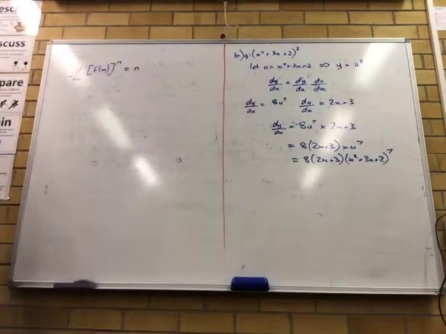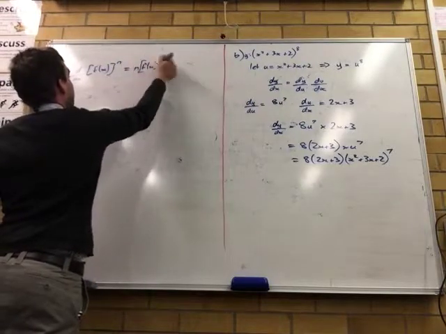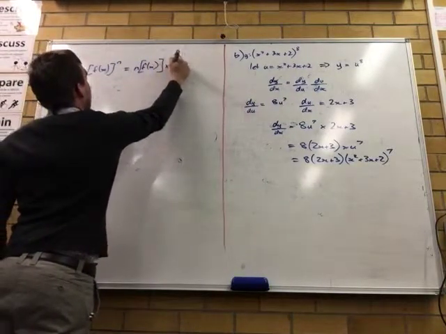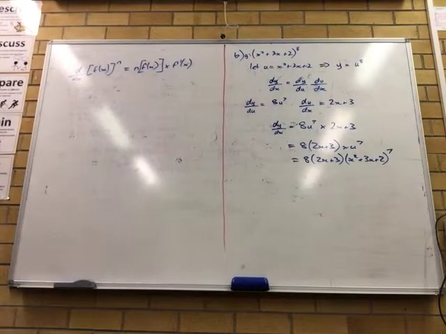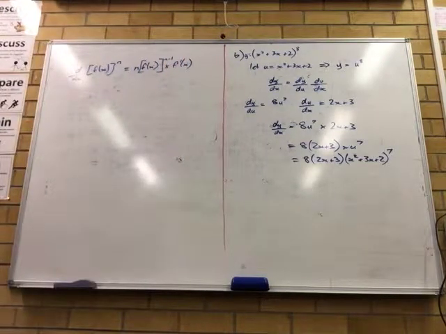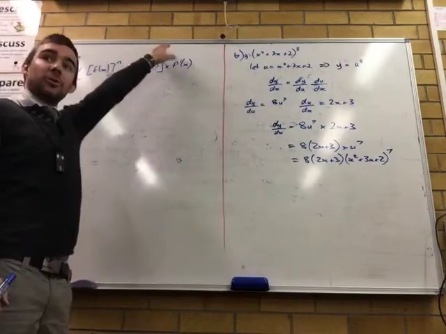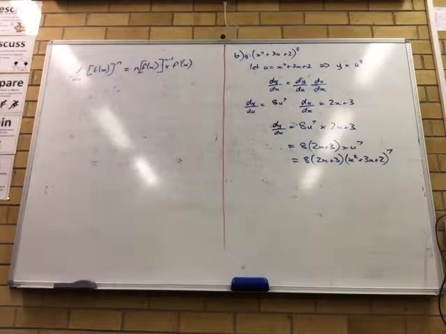Bring the power out the front, multiply it by the function of x, and we multiply by the derivative of the function inside the bracket. That is the quick way to do it. And take away 1, it's just the other way around. When you bring the power down, you've got to decrease it by 1, but further on you need to multiply by the derivative inside the bracket.